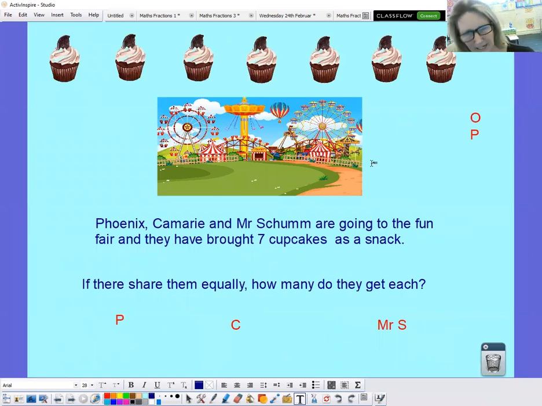So Phoenix, Kamari and Mr. Shum are going to the fun fair, and they have bought 7 cupcakes as a snack. So this time we've got 1, 2, 3, 4, 5, 6, 7 cupcakes. And how many children have we got?